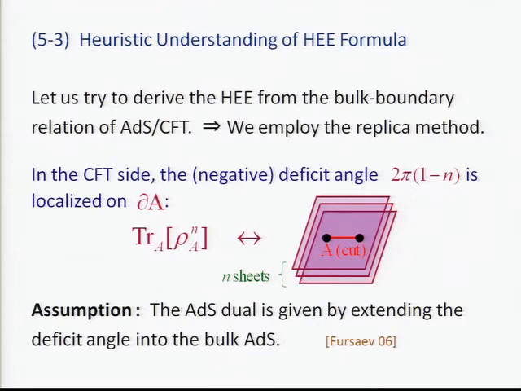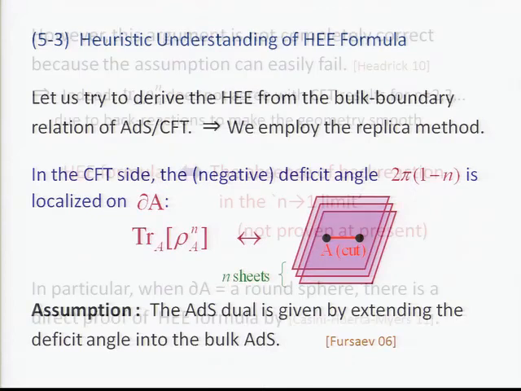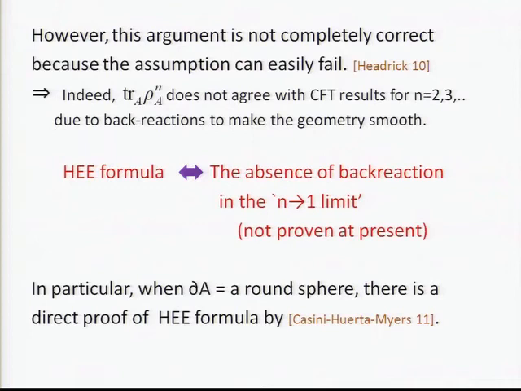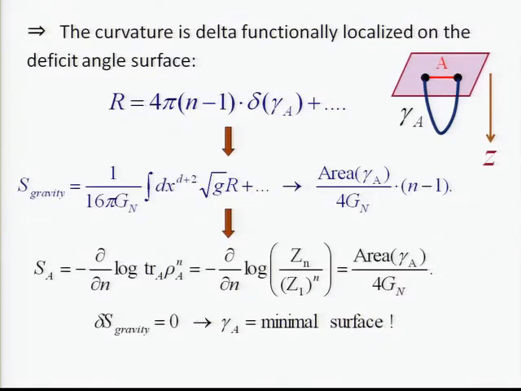However, this argument is not completely correct, because the assumption, as Rajesh pointed out, can easily fail. If this assumption were true, we would get this result for any n. But this turns out to be not true. If we literally compute the linear entropy for finite n in the CFT, we get a different result.